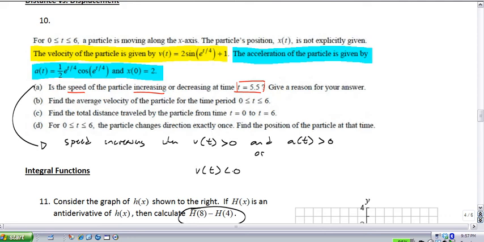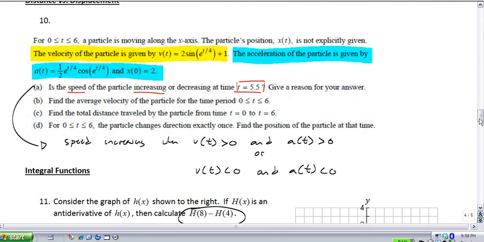So you're moving to the left. If you're in reverse and you step on the accelerator, that pushes you forward, so acceleration is less than 0.